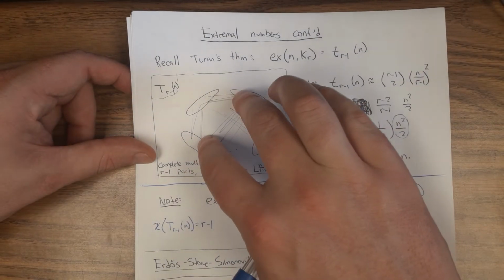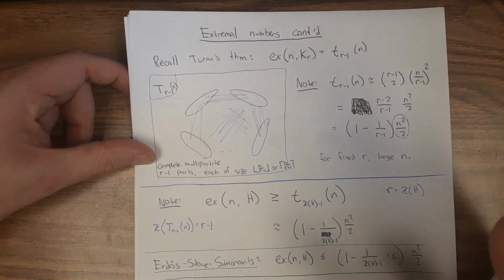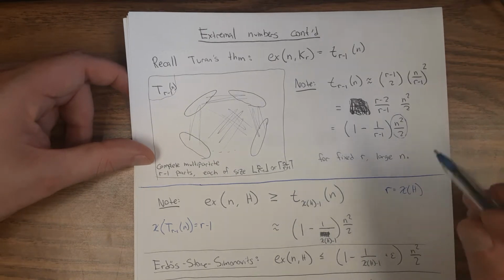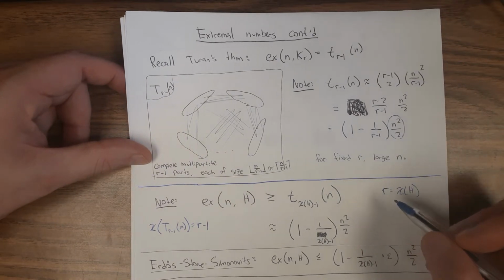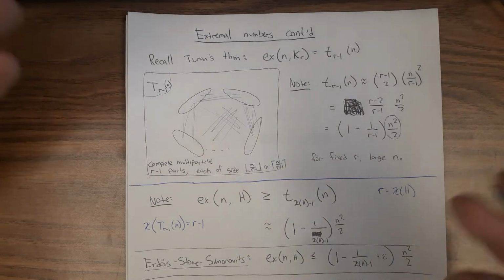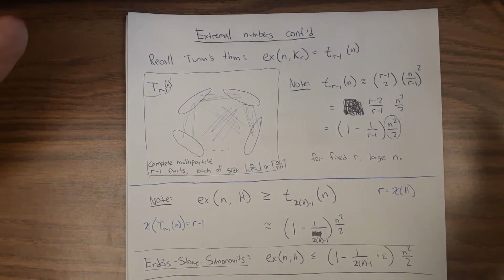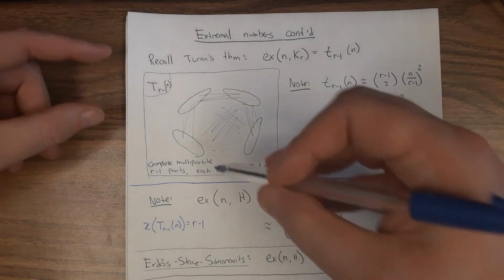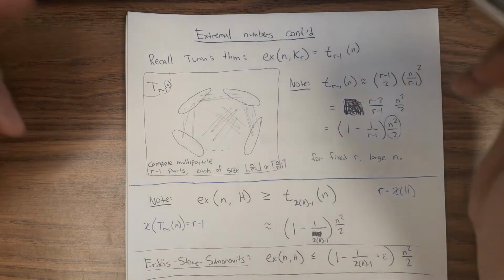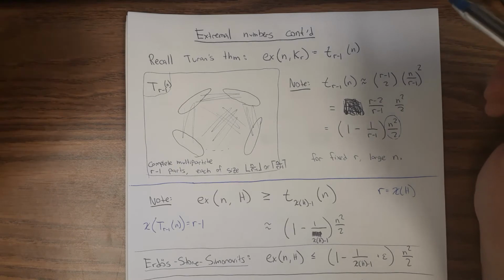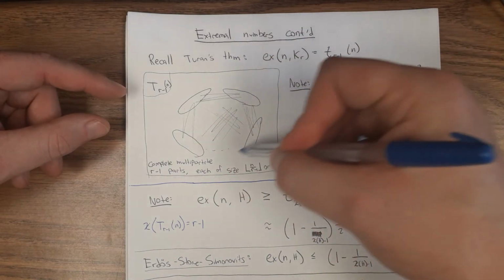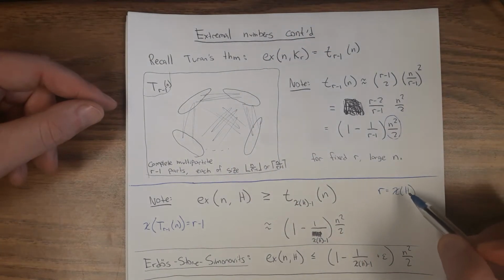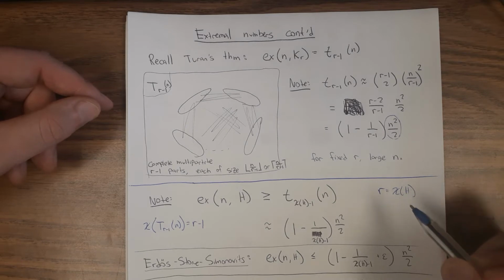So this graph can't possibly contain a graph whose chromatic number is r, because the chromatic number of a subgraph is less than or equal to the chromatic number of the whole graph. So any subgraph of this must have chromatic number at most r minus 1. So in other words, this can't possibly contain H, which has a chromatic number of r.